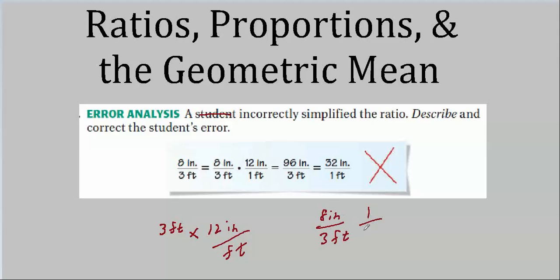So it would be like this. And now you can leave out the 1. It's inches per foot, 12 inches per foot. Now the 2 foot symbols, you can cancel them as if they were actual numbers or variables.